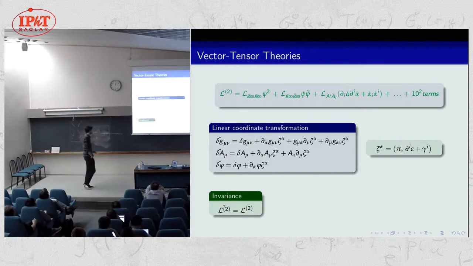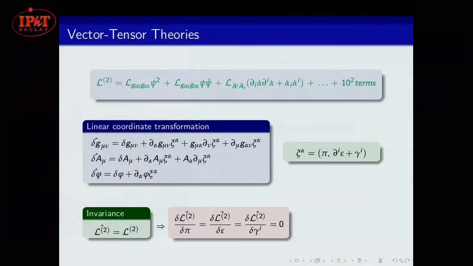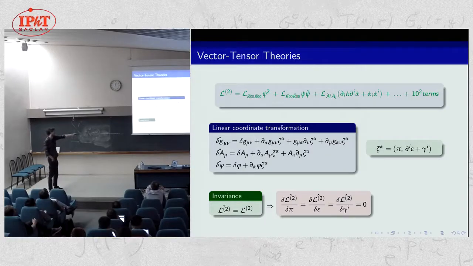In order to impose invariance of the Lagrangian, what you have to do is vary the Lagrangian with respect to the gauge fields, pi, epsilon, and gamma-e. This will give you three equations, linear in perturbations, with some k dependence, clearly, some space dependence.